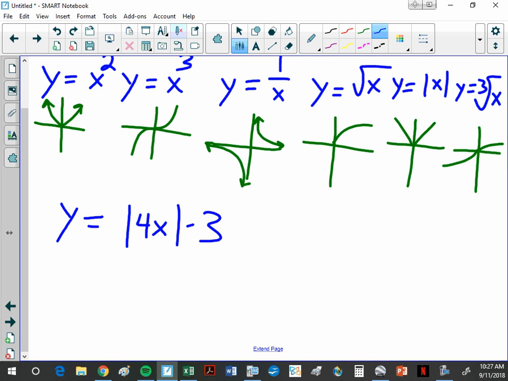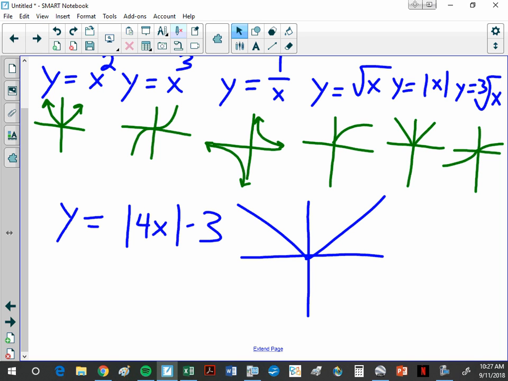So we have the normal absolute value graph, and we're going to make it 4 times skinnier. And then we're going to subtract 3. So if the original graph looked something like this, then the new graph is going to be much skinnier, and it's going to go down 3, like that. Okay.